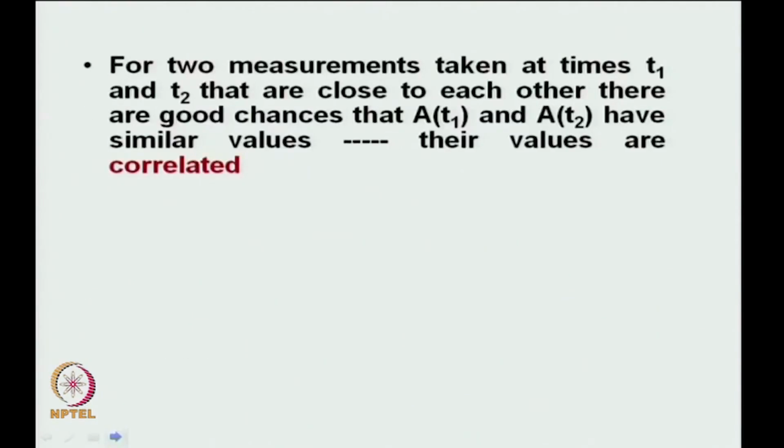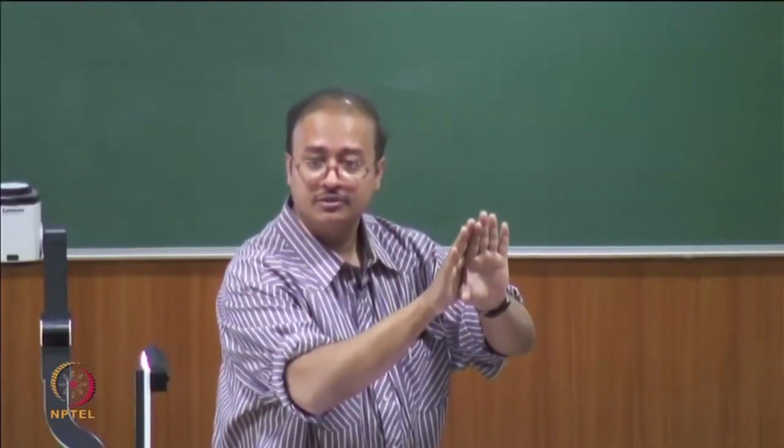Think about this, for two measurements taken at times t1 and t2 that are very close to each other, I take a measurement at time t1, and instantly I take a measurement at time t2.